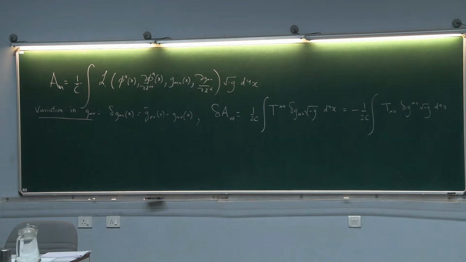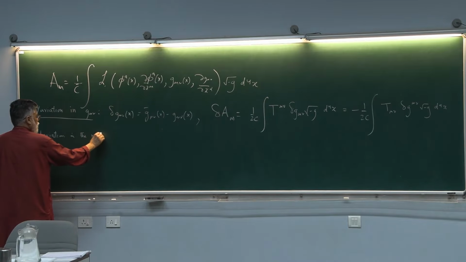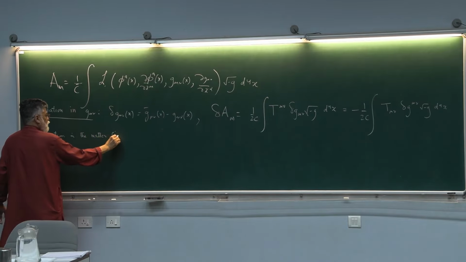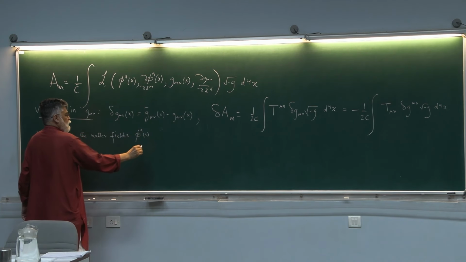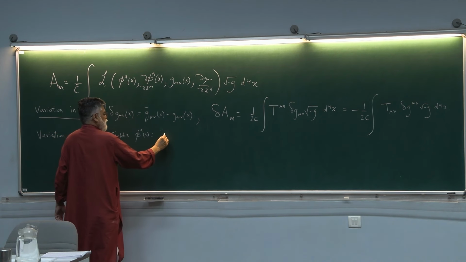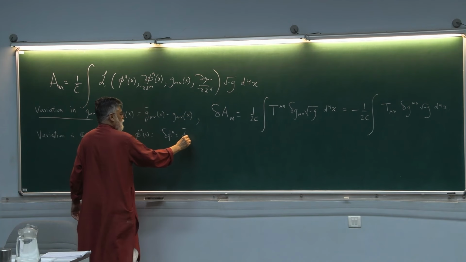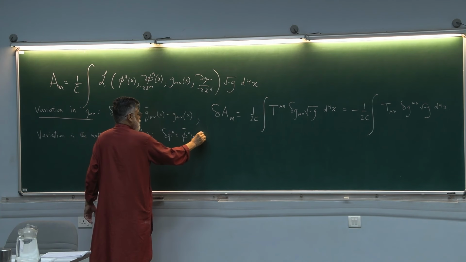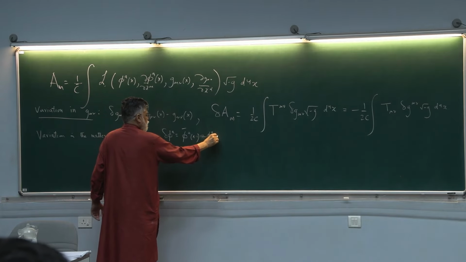So if you do a variation in the matter fields phi a of x, that means delta phi a by definition is phi bar a of x minus phi a of x.